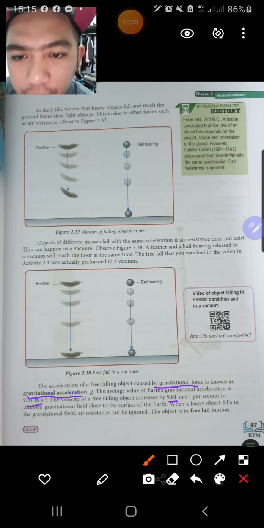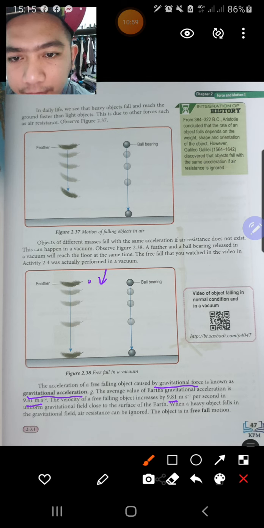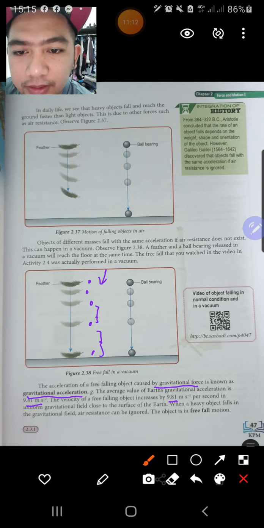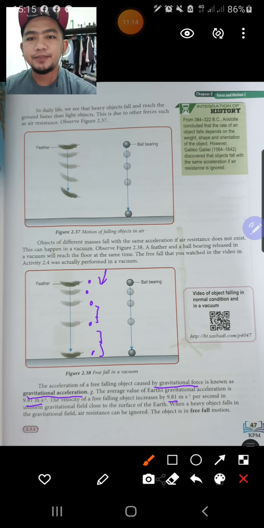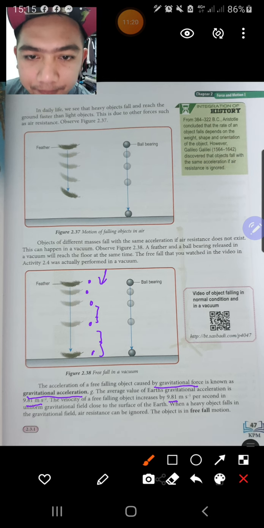Apa pula maksud dia gravitational acceleration? Okay, when you look at this diagram, let's say this is a ticker tape. Means ada jarak yang besar sini kan? Okay, so means feeder ini mengalami experience an acceleration. Same goes to ball bearing.